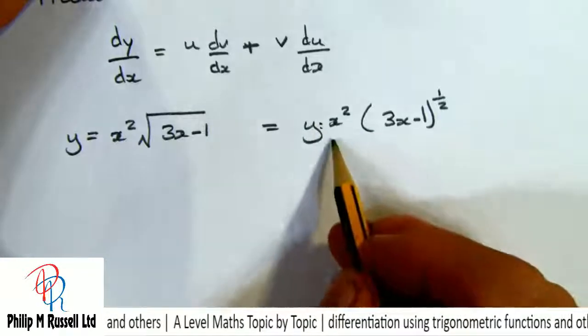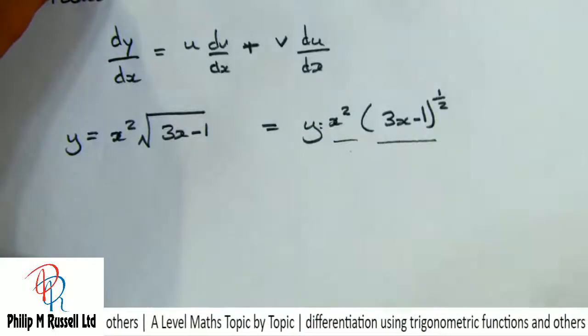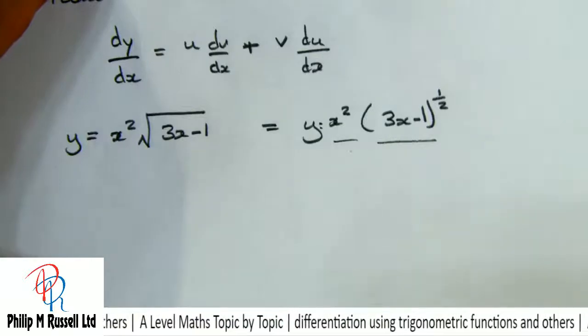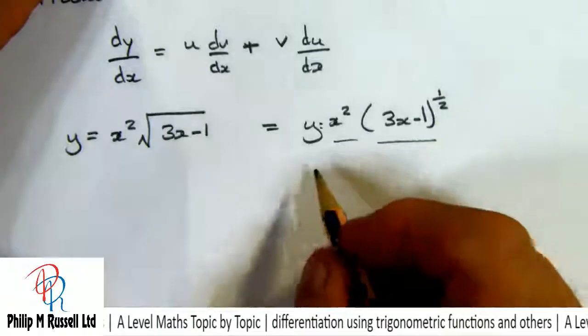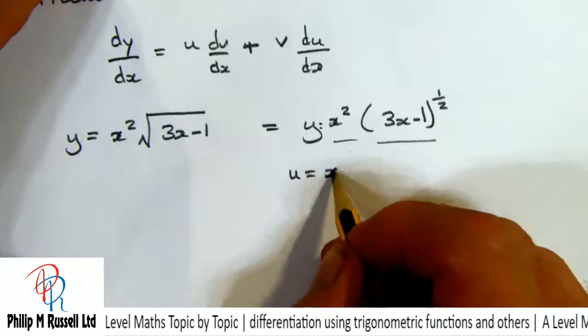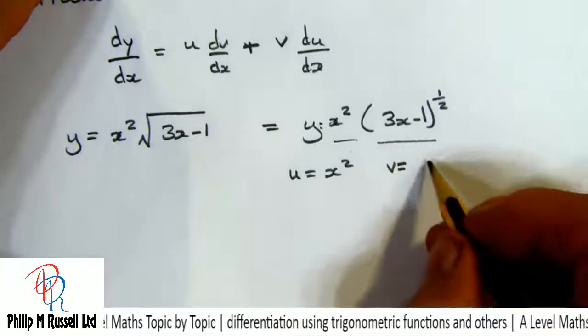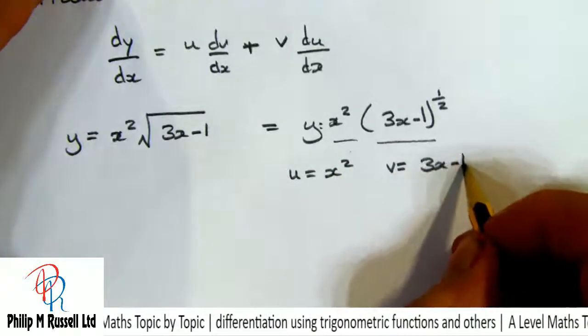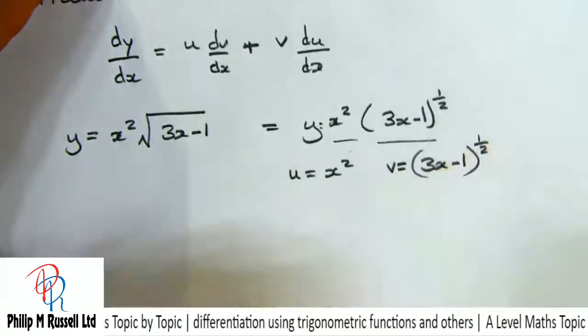Now I've still got a product, so I'm going to do this simply as a product, and we're going to make u equal x squared and v equal 3x minus 1 to the power of half.